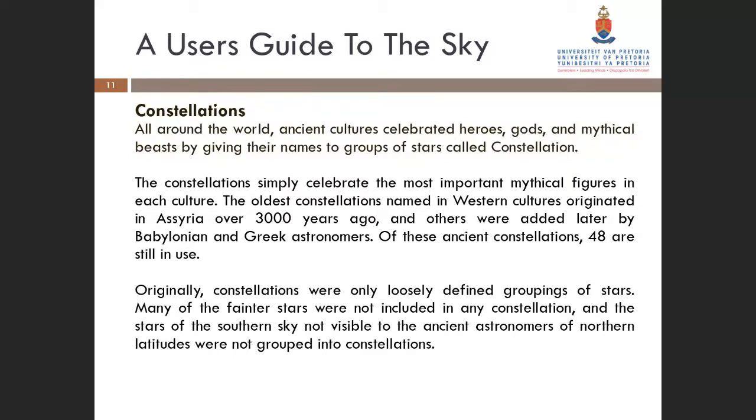Originally, constellations were only loosely defined groupings of stars. Many of the fainter stars were not included in any constellation, and the stars of the southern sky, not visible to the ancient astronomers of northern latitudes, were not grouped into constellations.